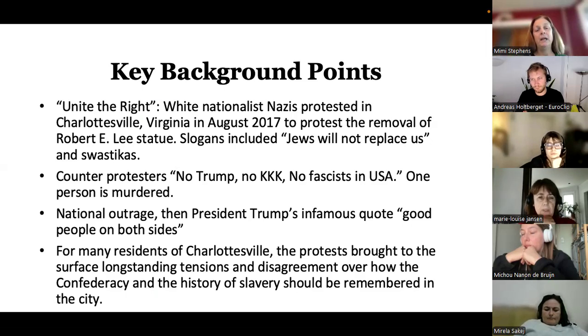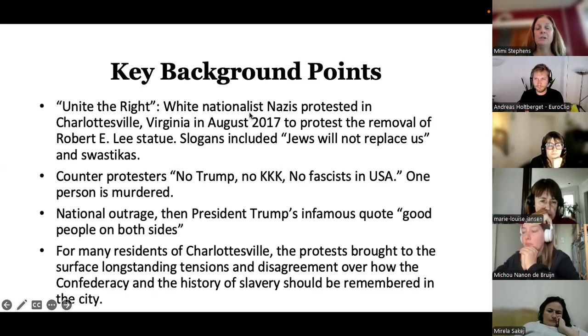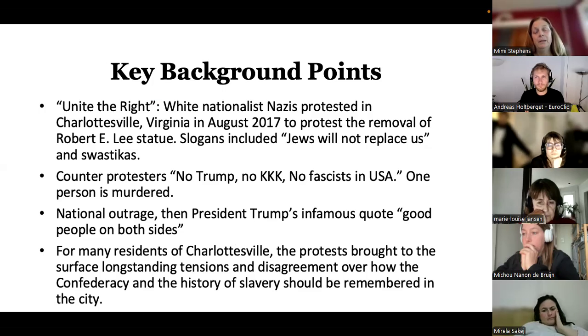Then, of course, there was a counter demonstration. Counter protesters were there, and they said things like "No Trump, no KKK, no fascists in the USA." Due to this exchange, one person was murdered. One of the counter protesters was murdered when one of the white nationalists ran over her with a car. As you can imagine, this created a lot of outrage, but then there was a comment by then President Trump where he said there were good people on both sides.